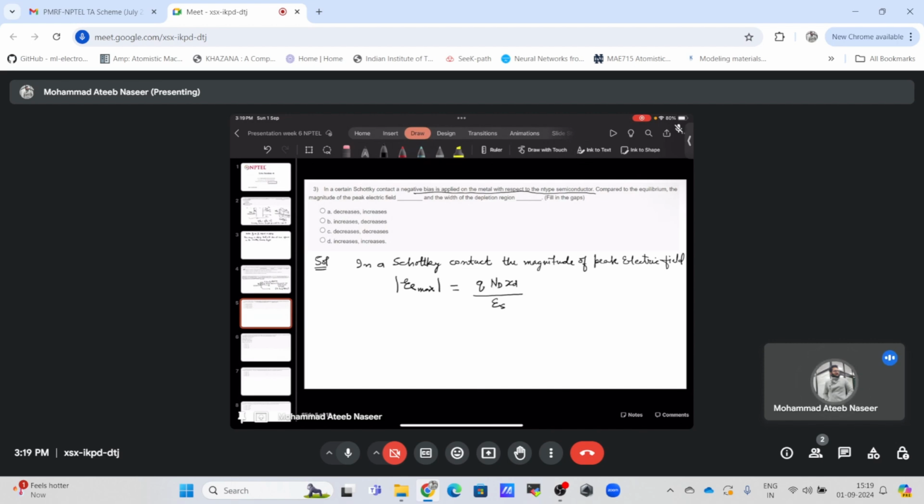The semiconductor material is silicon, so epsilon s is 11.7 times epsilon naught.